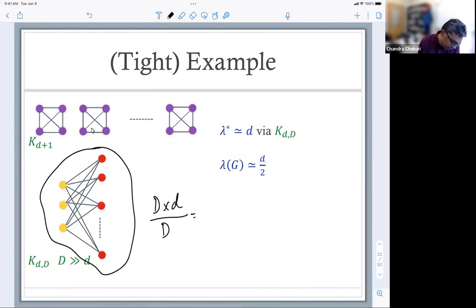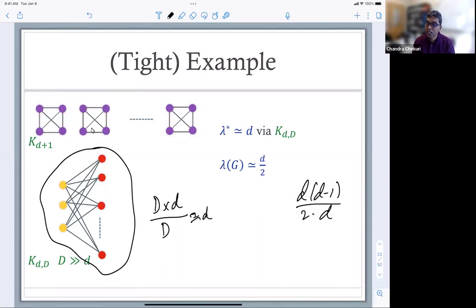It's d, so the density is roughly d. While if you look at the clique, its density is only roughly d over 2, because there are d times d minus 1 over 2 edges divided by d vertices, in a clique of size d. So this is the densest subgraph.